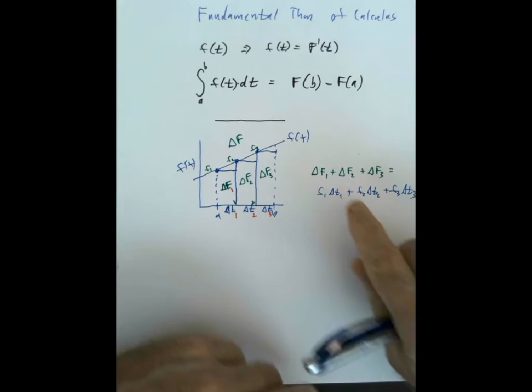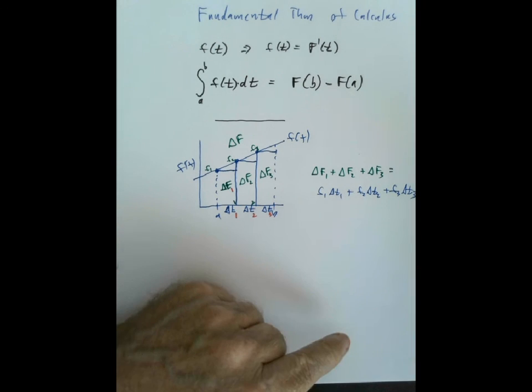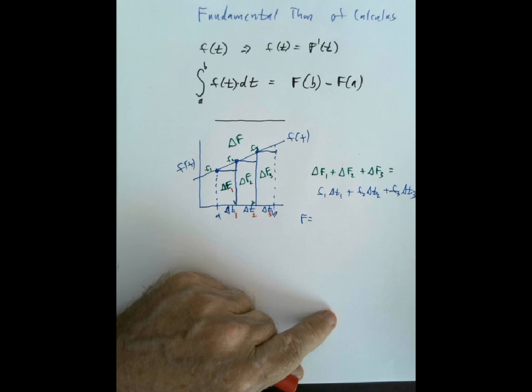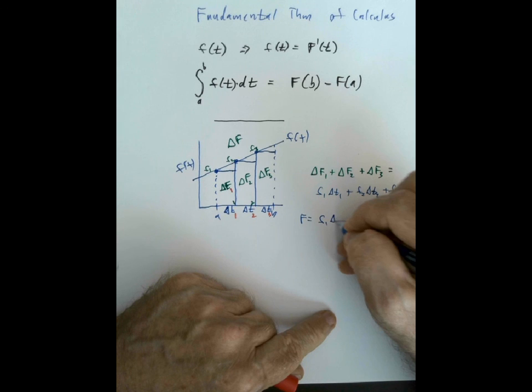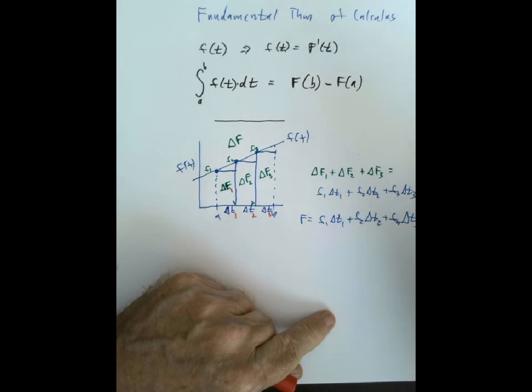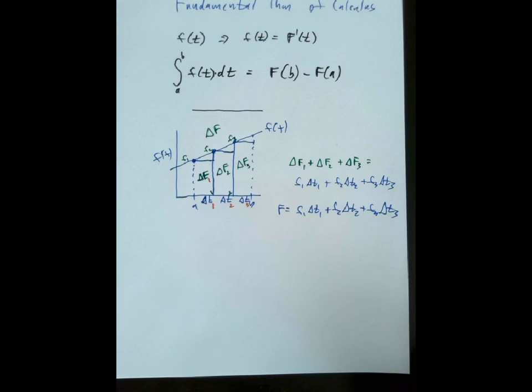So the total area would be all three of those added together: f1 delta t1 plus f2 delta t2 plus f3 delta t3. And if this looks like just what we were doing before, you're right. It's just another way of looking at it.